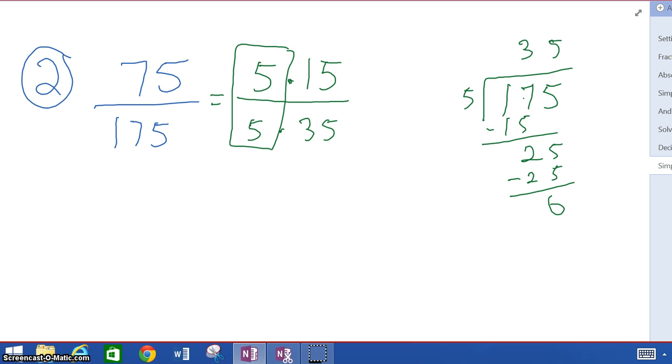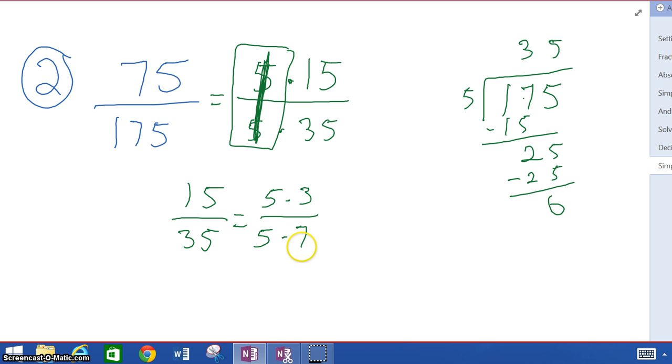5 divided by 5, again, gives me that number 1. And now I have the fraction 15 over 35. Well, I need to know, is this in simplest terms? Is it reduced all the way? It's not, because 15 is also 5 multiplied by 3, and 35 is 5 multiplied by 7.